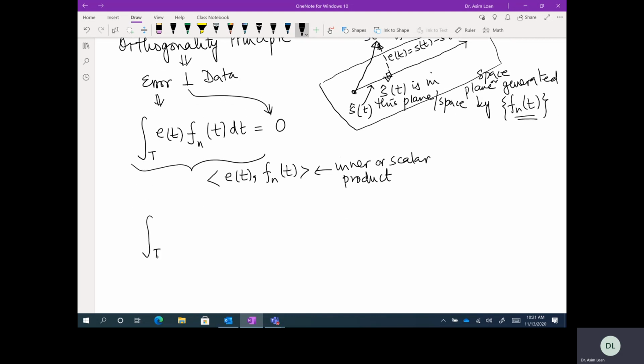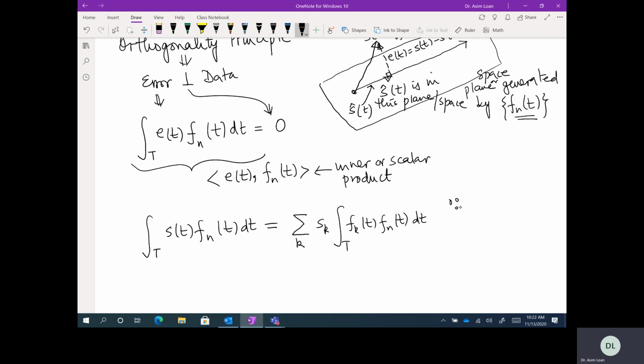So we have the integral of s of t times f n of t dt minus, and e of t is s hat, so goes on this side, and I get summation over k of s k, f k of t, and integral here f k of t times f n of t dt, right?